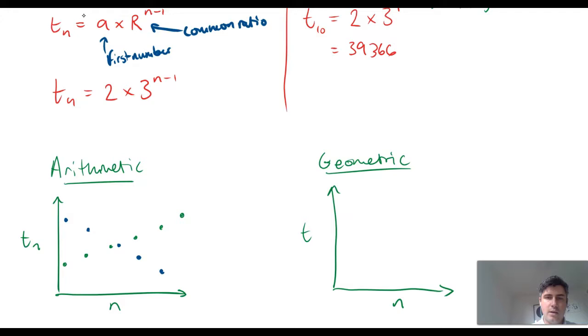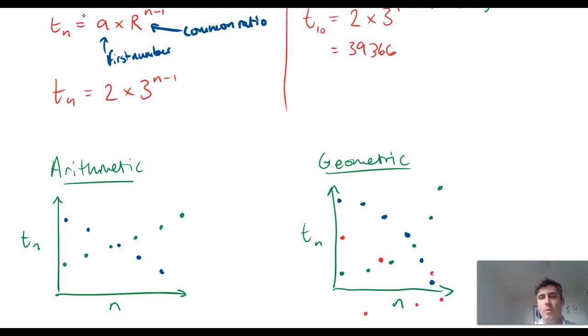can make it go in different shapes. So one option is that you have it go in a very steep curve, which is what we saw in the last example. The other option is you can have it going down in a steep curve, or actually if the numbers are negative, you can find that they go above and below the 0 line, like that.